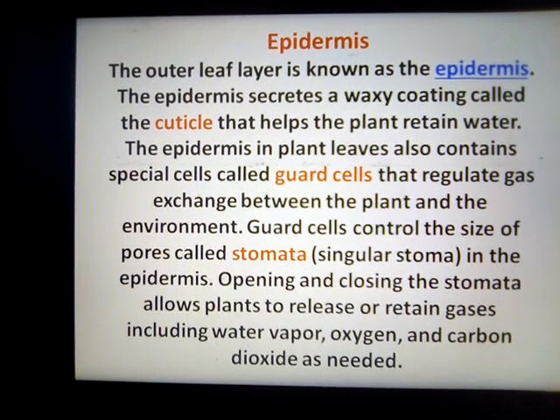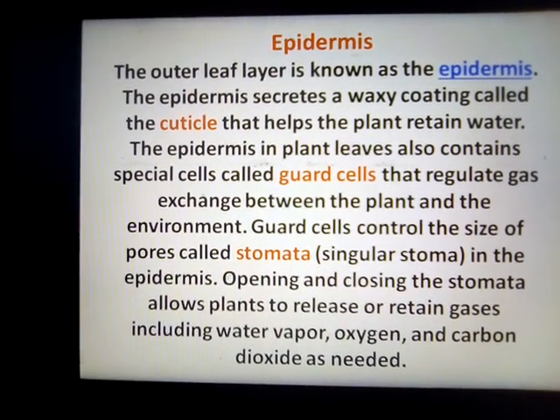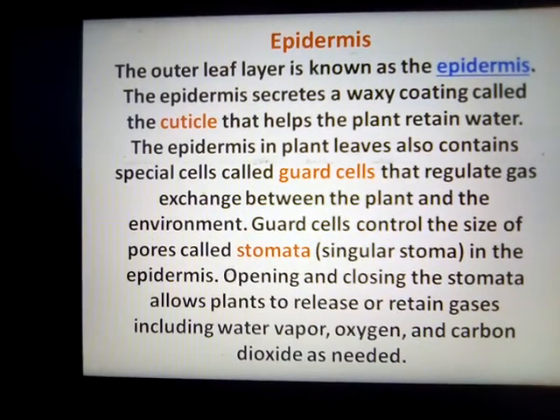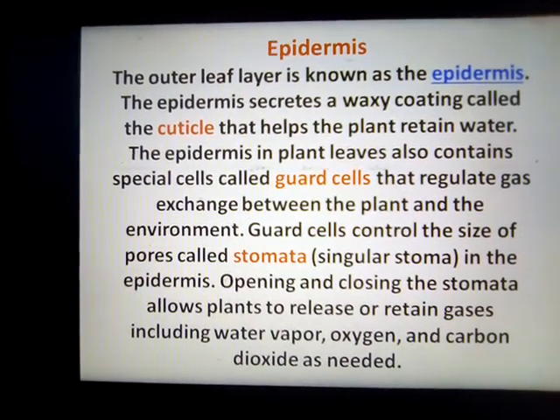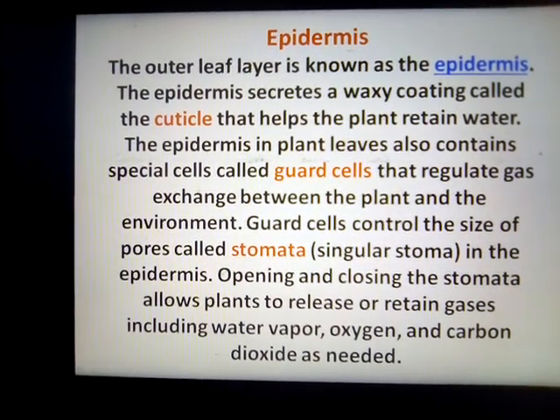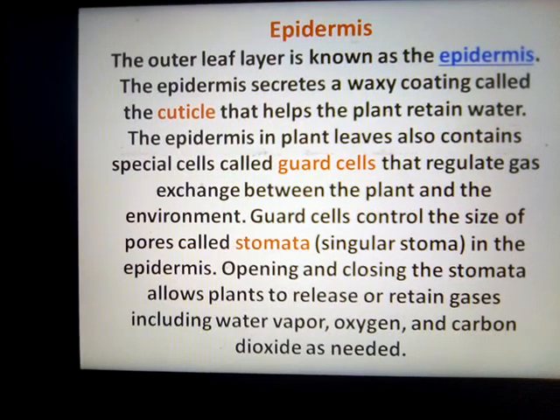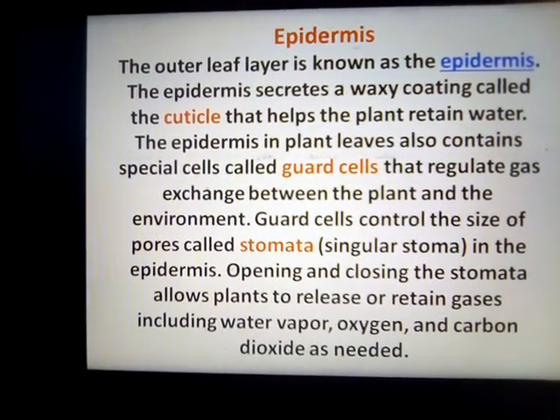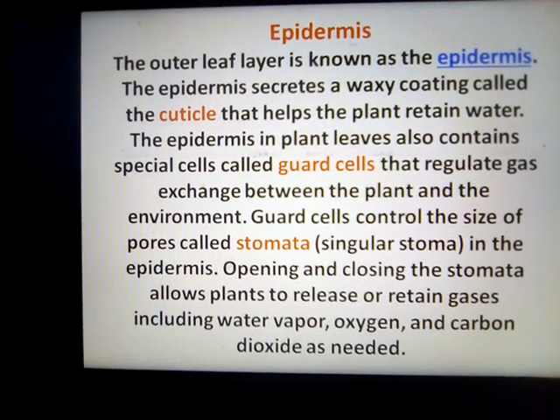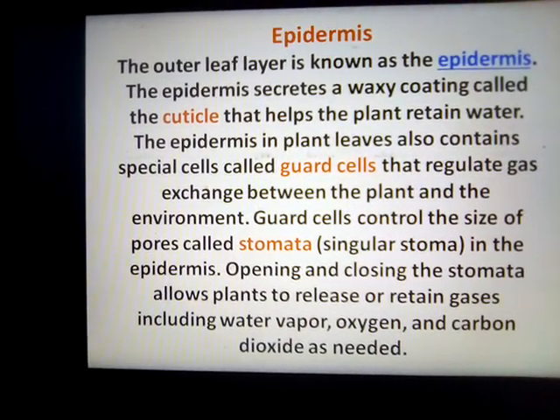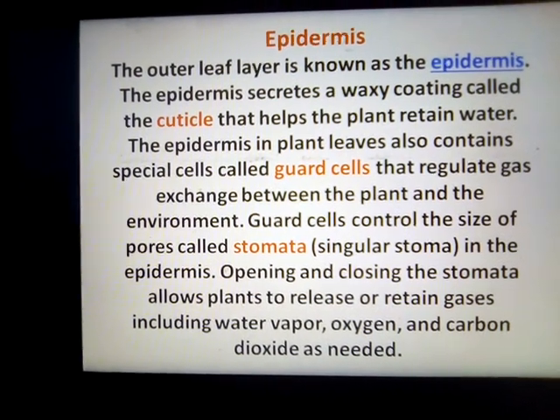Guard cells control the size of pores called stomata, singular stoma, in the epidermis. Opening and closing the stomata allows plants to release or retain gases, including water vapor, oxygen, and carbon dioxide, as needed.